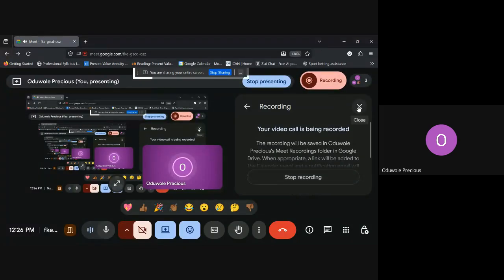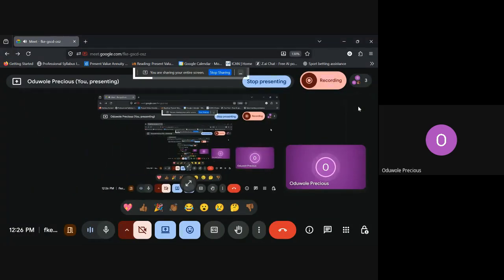So I'm already recording. In our last class, we talked about group. Under a group, we said a group is an entity structure whereby you have the parent and the subsidiaries. We talked about the parent, someone that owns more than 50% shareholding of another entity. And we talked about the types of subsidiary.